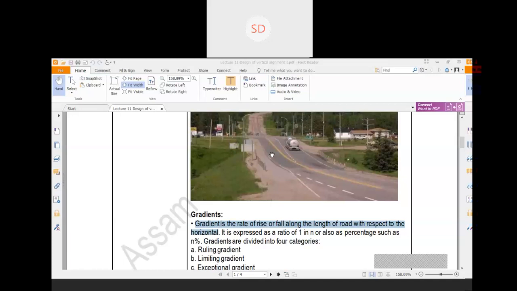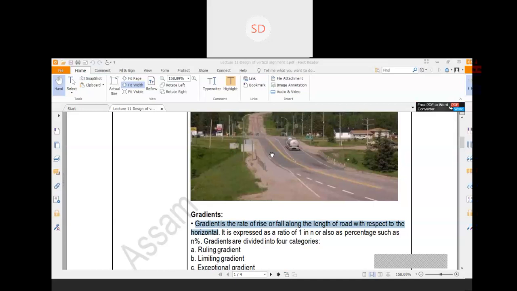Whenever you enter the university zone, that portion is a hilly area, so you have to go up, and your university is situated over the hilltop. Basically that portion of the road has a gradient, a mountainous gradient over there.